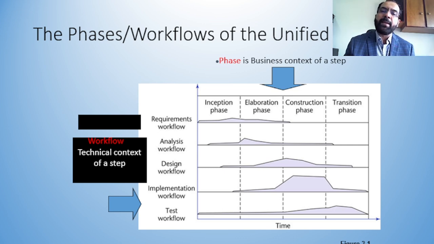It is overlapping. Similarly, you can see the analysis workflow and the major chunk is in the elaboration phase, but there are some activities which start in the inception phase as well, and it can move on to the construction phase, as you can observe.